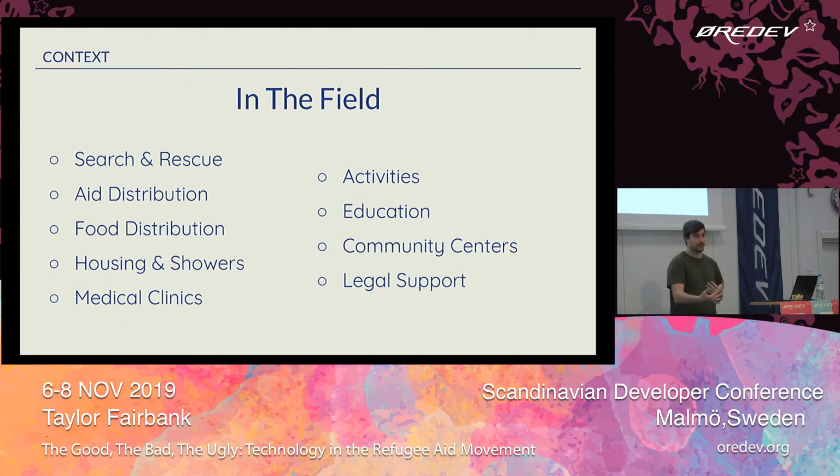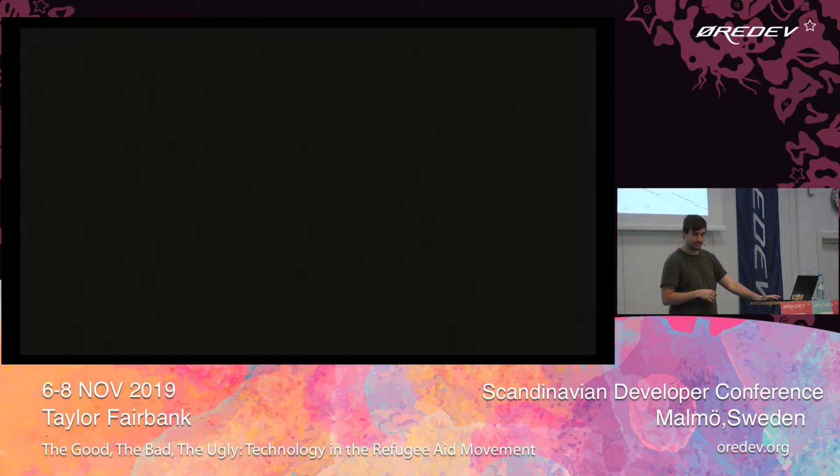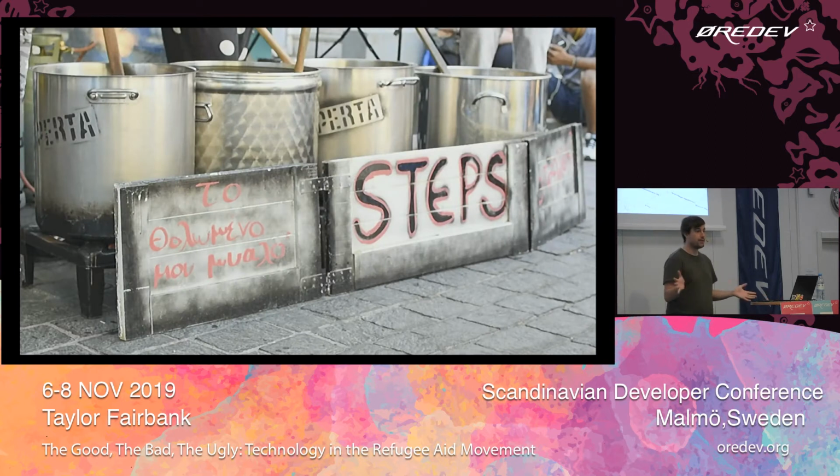You also have housing and showers, medical clinics, activities such as sports, educational projects and language learning, community centers, and of course legal support. So you can imagine that with all of these services, it can be really complex to coordinate them, and that they all rely on technology to do the work that they do in very varied and different ways. I'd like to just share some photos.